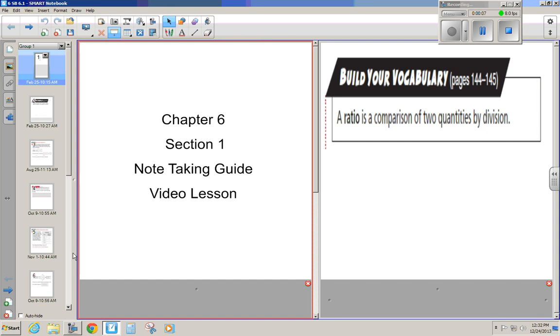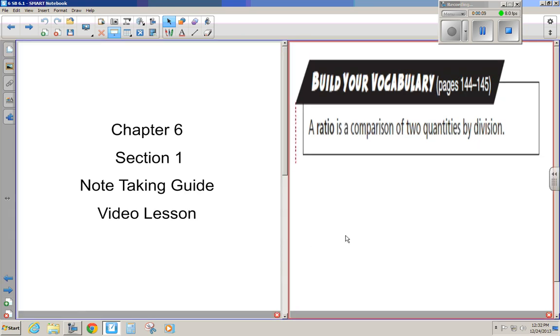To begin with, we will have a vocabulary word of what a ratio is. A ratio is a comparison of two quantities by division. Basically what that means, quantities means units, and division, of course, means a fraction.